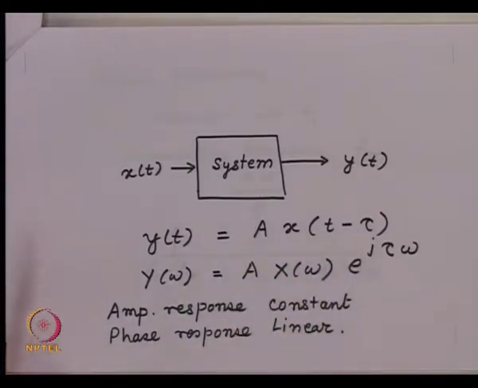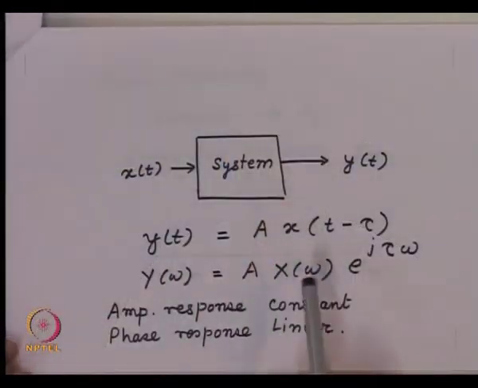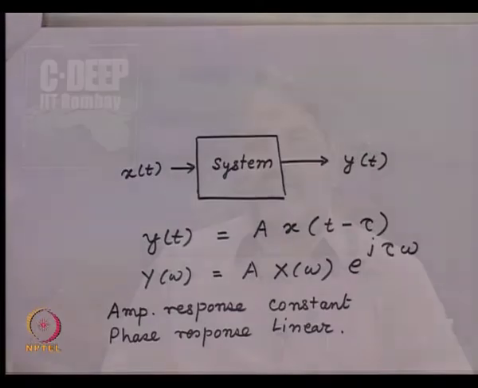That means, if the signal after passing through the system as a whole is reduced or increased in amplitude, and if the signal is delayed in time, then we do not say the signal is distorted. And then we ask what is the condition to realize this in the spectral domain, and we found that if the amplitude response is constant and if the phase response is linear for the system, then the signal does not get distorted while passing through the system.